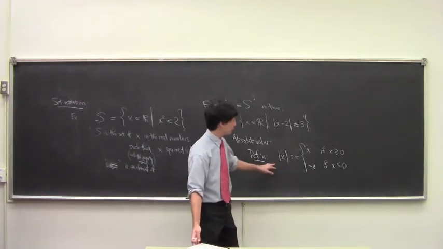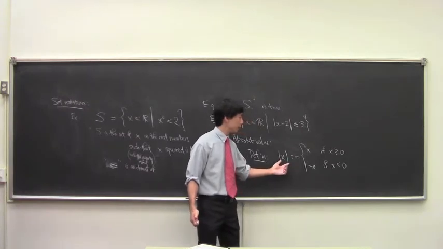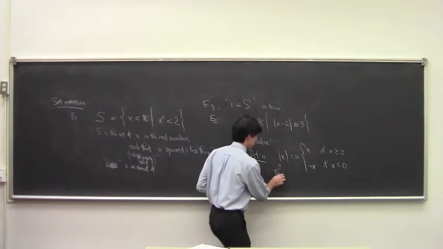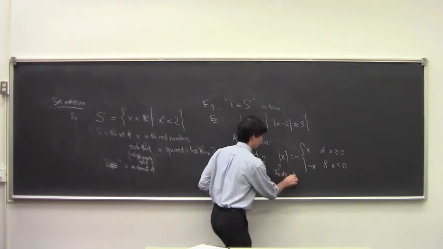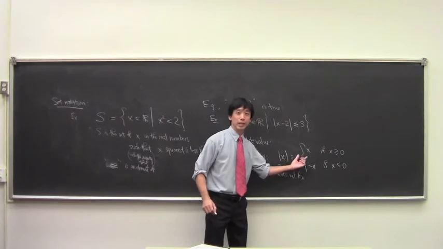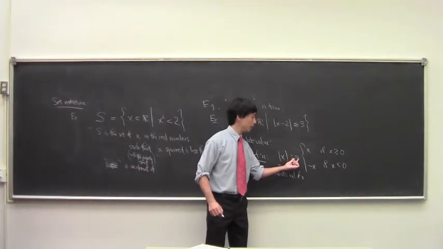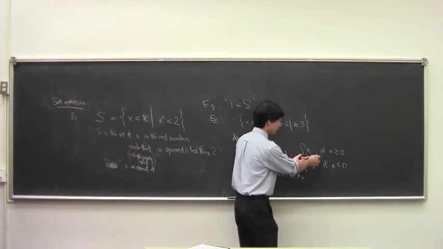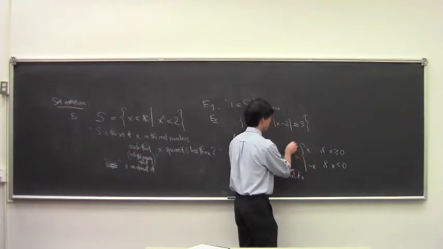Right? So let me just read this to you. The absolute value of x, and then this mark means is defined to be. If I have a colon and an equal sign, it means is defined to be. This thing on the left is defined to be that thing on the right.